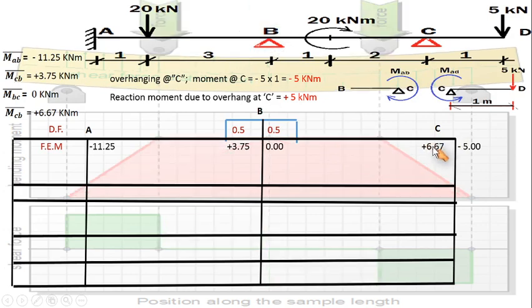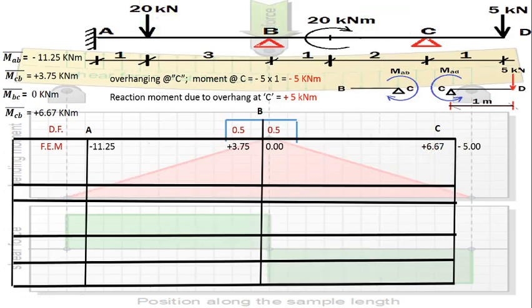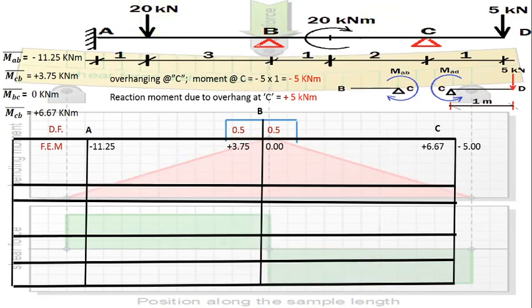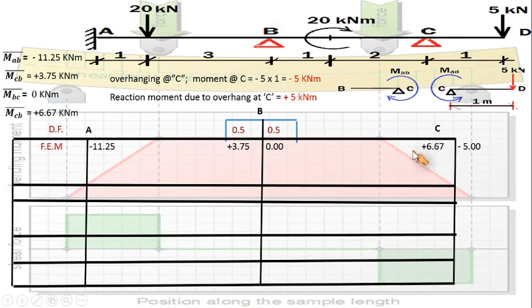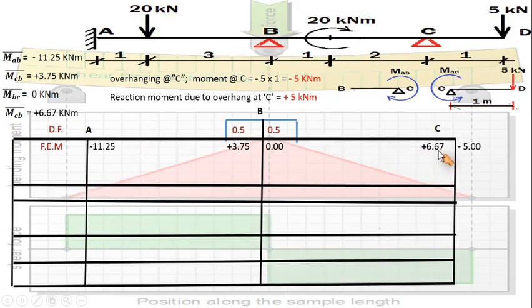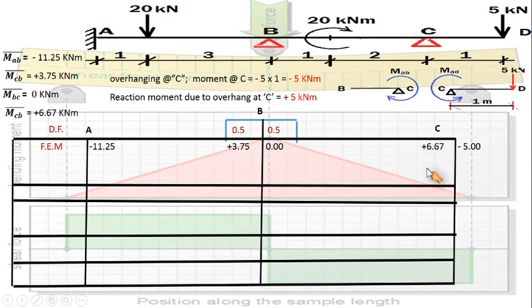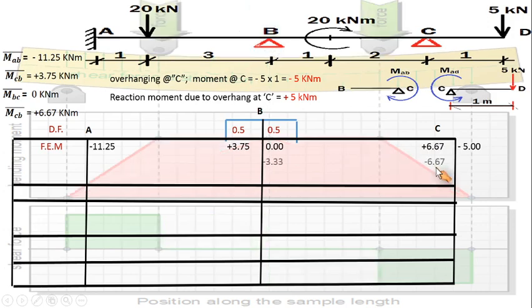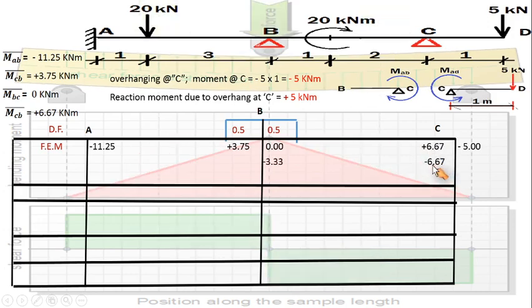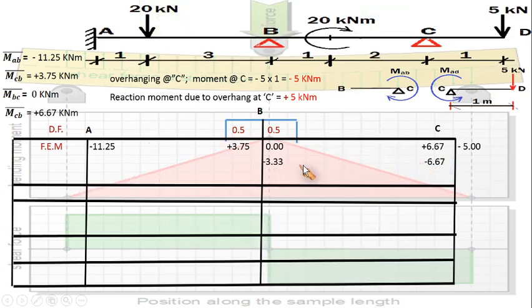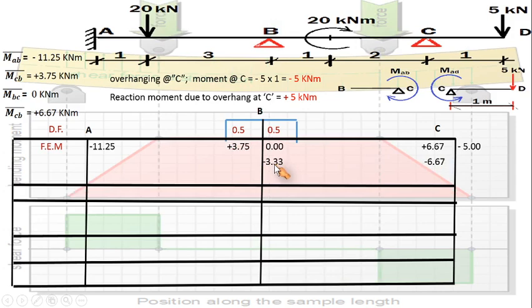We will nullify the effect of the bending moment one by one. So the fixed moment about point C for CB is equal to plus 6.67. For making this 0, I have to add minus 6.67. So I have added minus 6.67, and we know what is to be done with half of that: it is to be carried forward toward the far end.